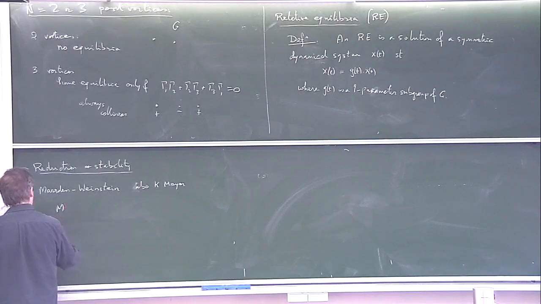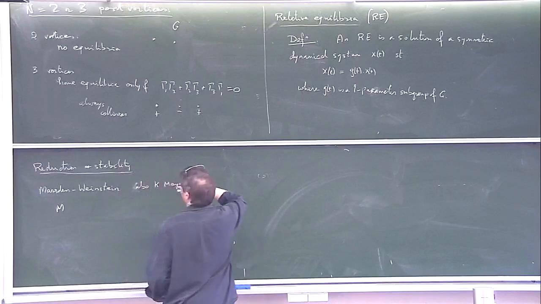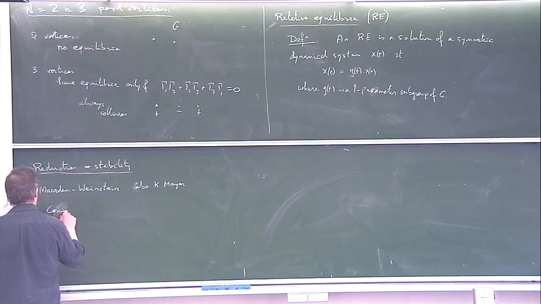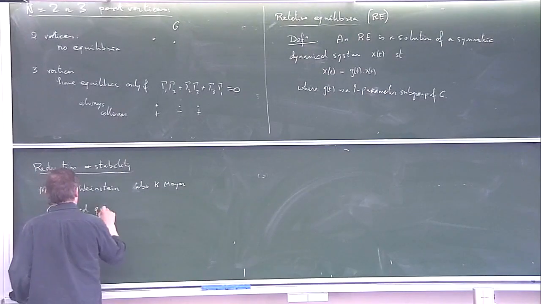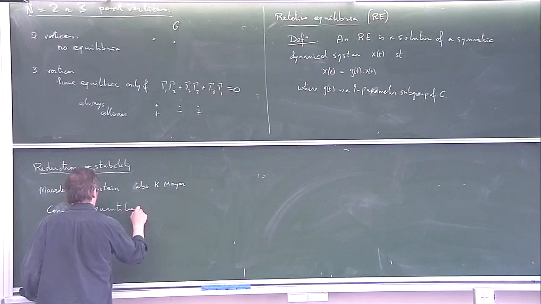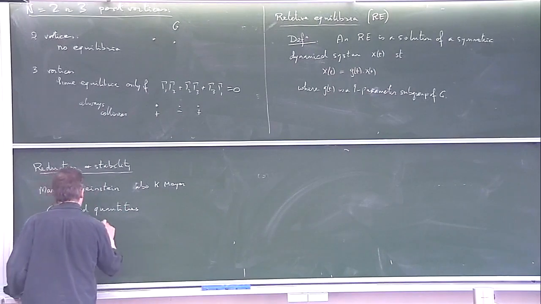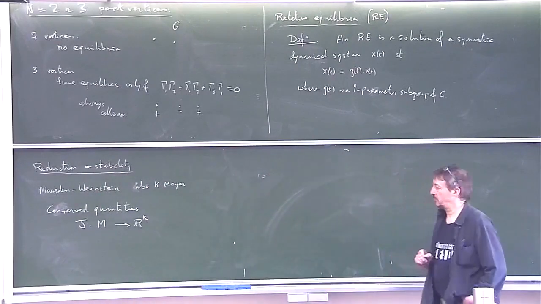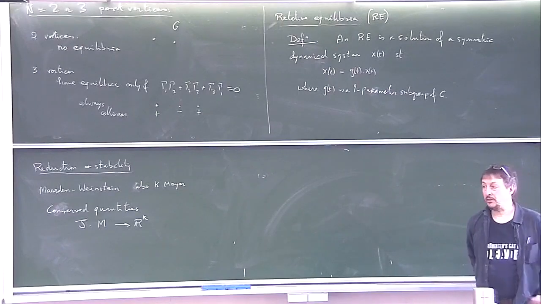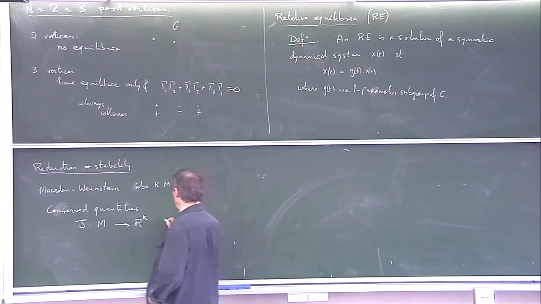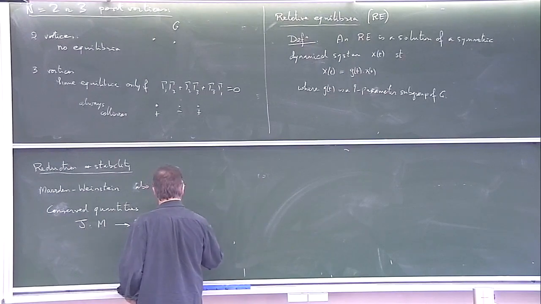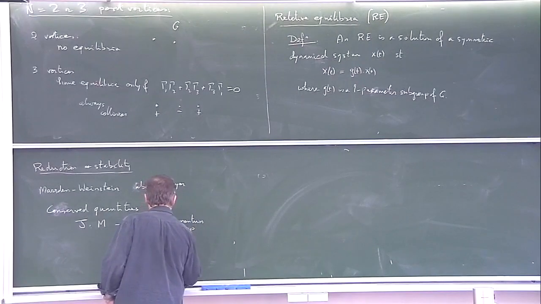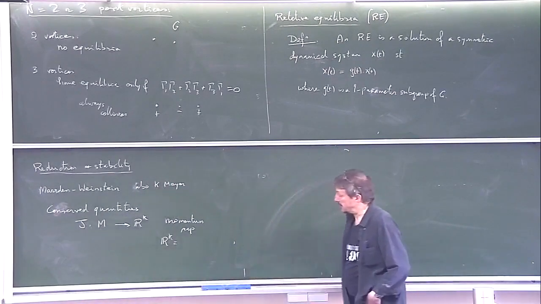So suppose we have k conserved quantities. This is a thing called the momentum map, and it has lots of geometry, which is important. So how do these arise?